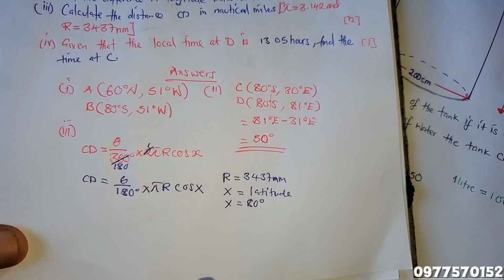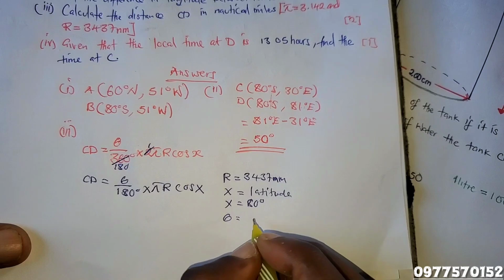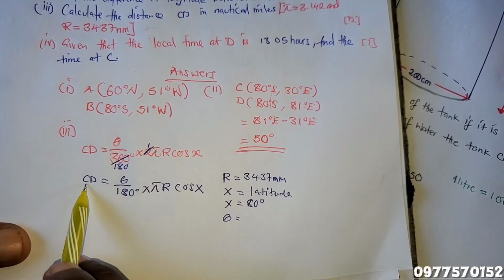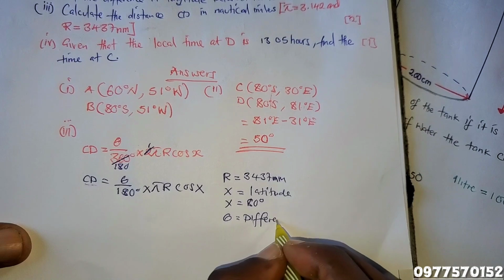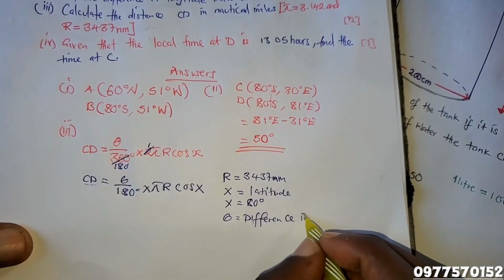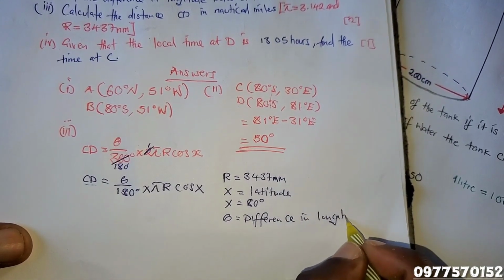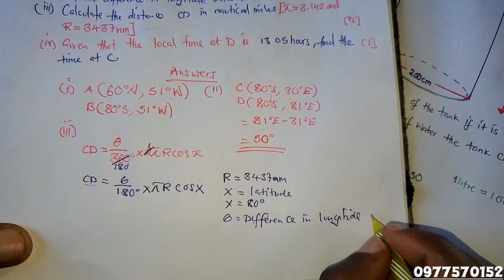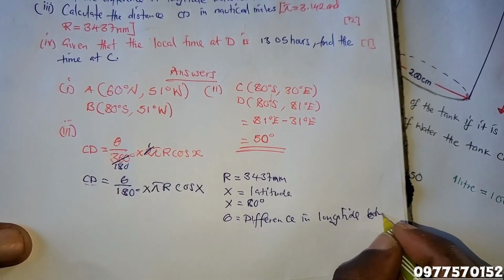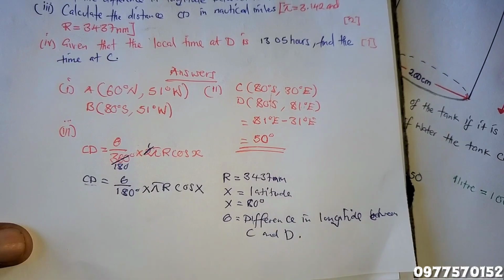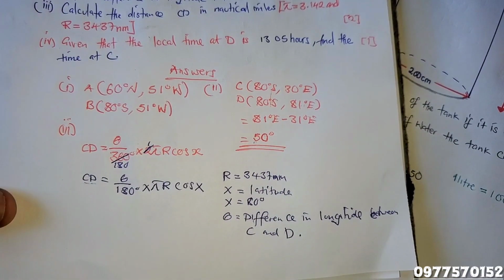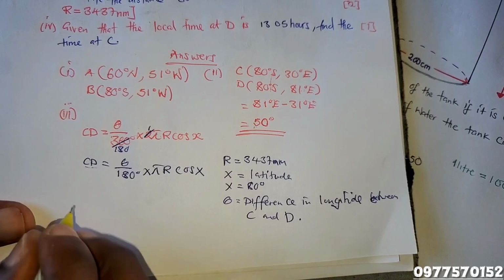Then theta, since the distance is along a latitude, is the difference in longitude between C and D, which we've already calculated as 50. So it's just a matter of substituting.